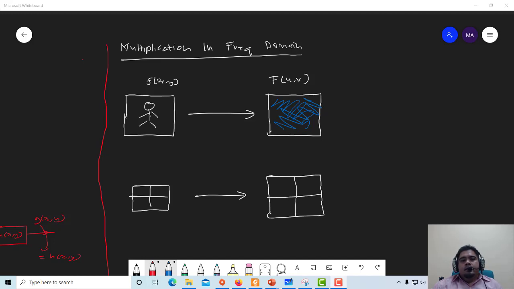And the thing that I already discussed earlier is that when you apply some filter in the time domain or in the spatial domain, you will actually perform the convolution operation, but when you deal with the frequency domain, that operation becomes multiplication, okay.